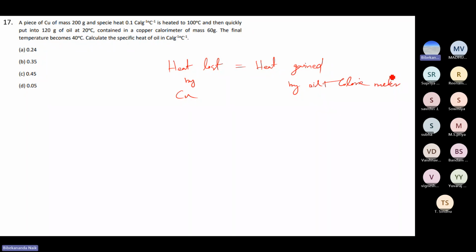The specific heat of the copper is given and the specific heat of oil is to be calculated. So it is mc delta T for copper equals mc delta T for oil plus mc delta T for the calorimeter.